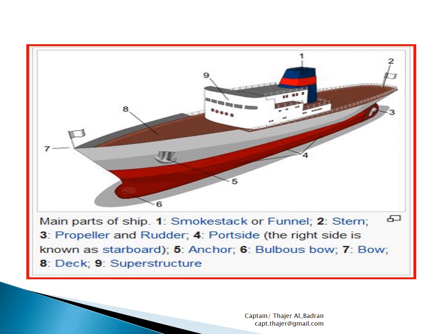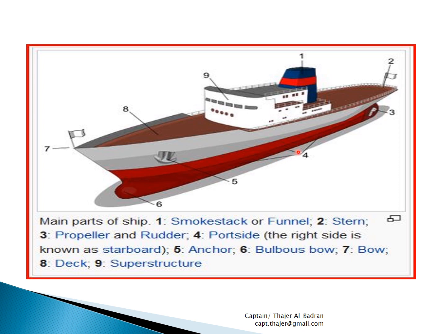This sketch shows you a three-dimensional view of the ship and mentions the main parts of the ship. The first, smokestack or funnel, and the second, stern and the flag of nationality, and under the water, propeller and rudder.